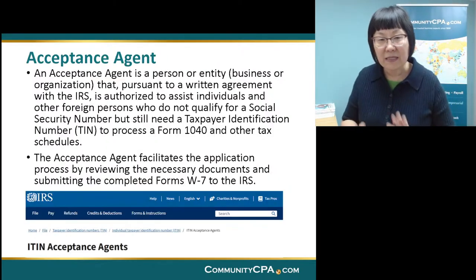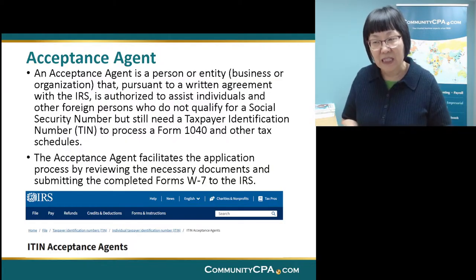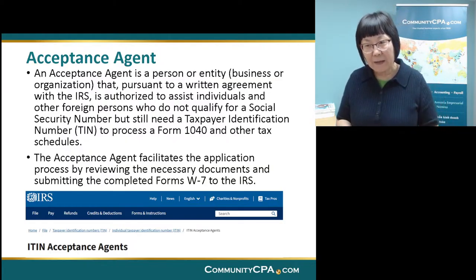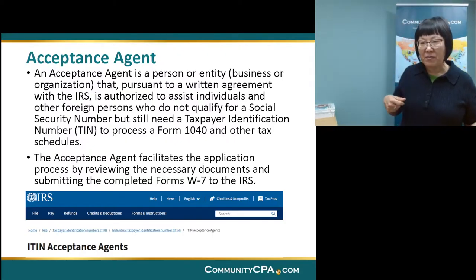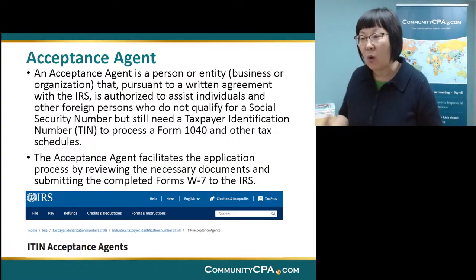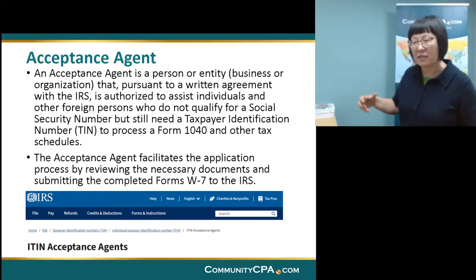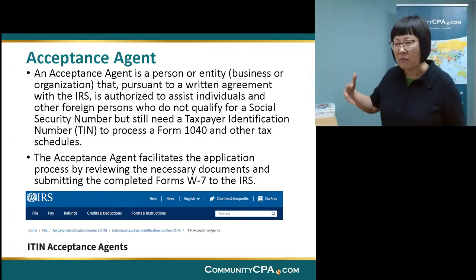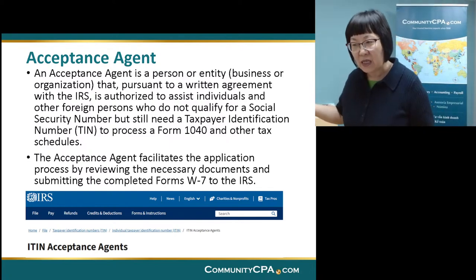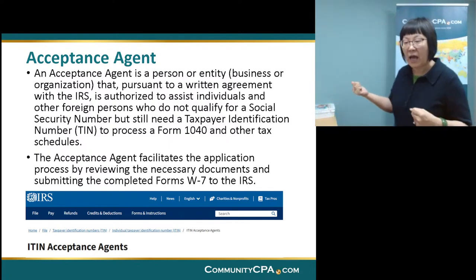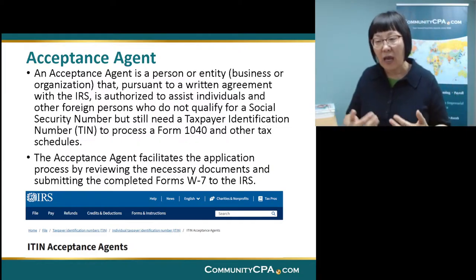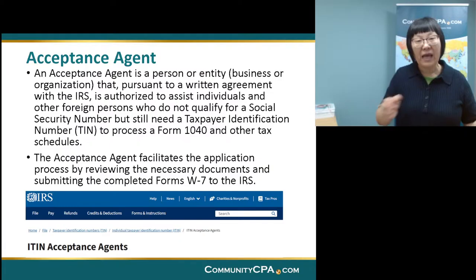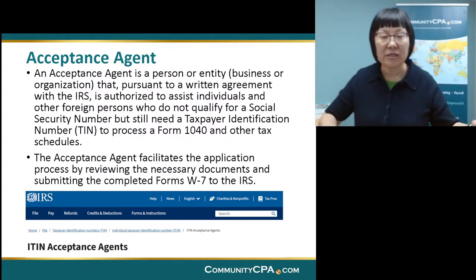So now, this is the concept I want you to know. It is the acceptance agent. Basically, an acceptance agent is a person or entity, like maybe an individual, or maybe Community CPA, right? The individual is the person, Community CPA is the entity. So Community CPA is actually an acceptance agent. We are authorized by the IRS by going through procedures, right?